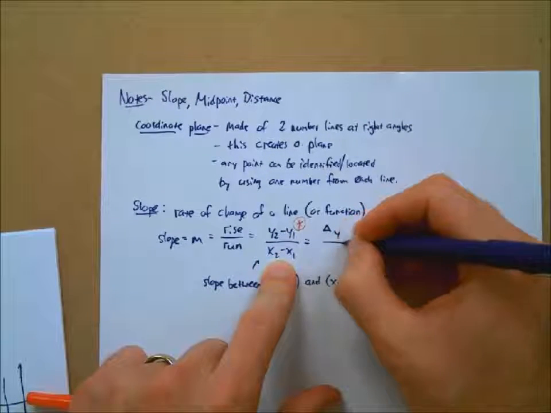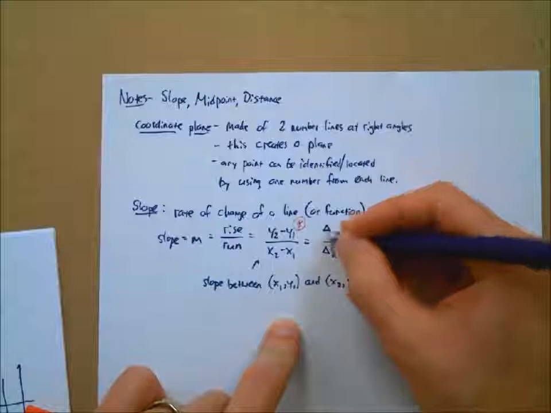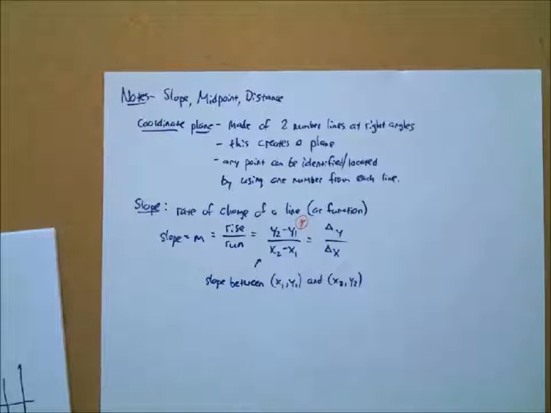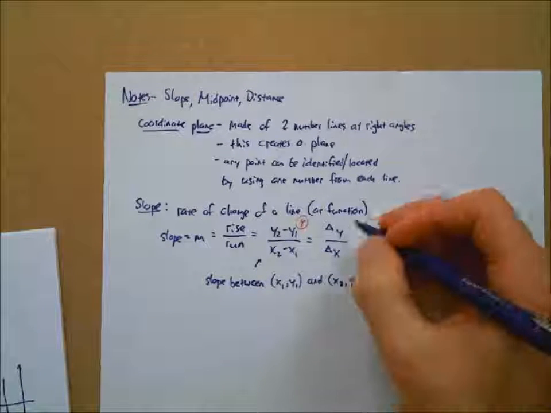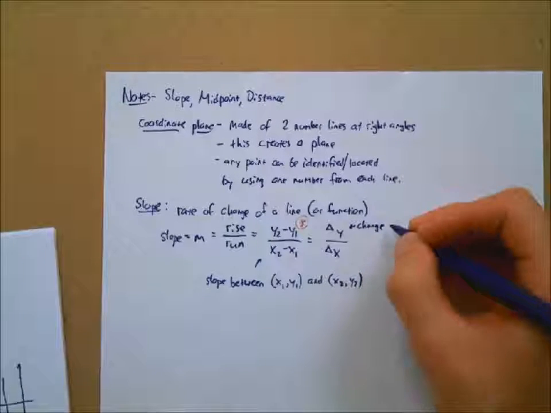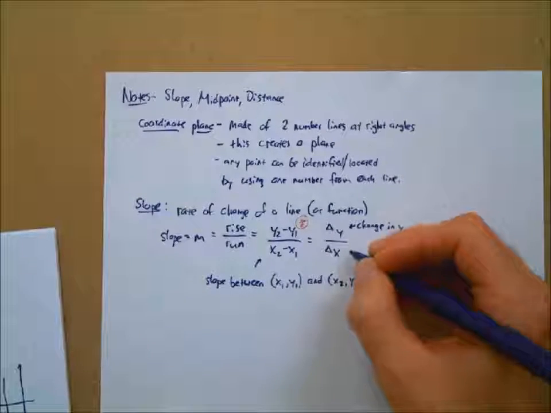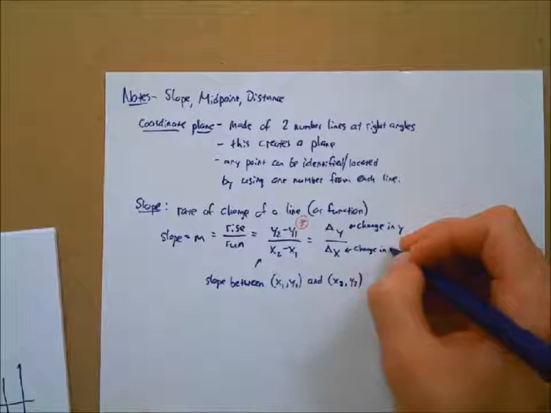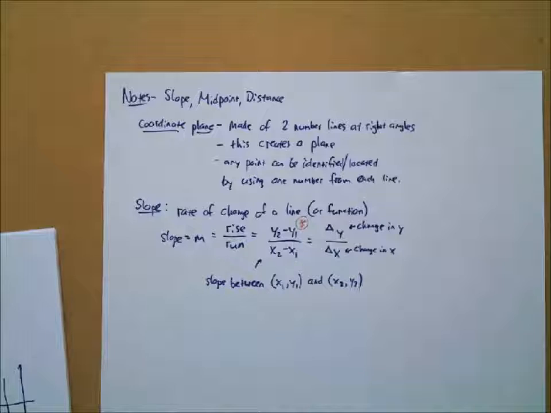Your change in y, the difference in the y's, over the change in x, the difference in the x's. Exactly right. Cool. I didn't have anyone in my second block class that knew it was meant to mean change. So good job, guys. Change in y, change in x. Okay. And of course, we have different kinds of slope.